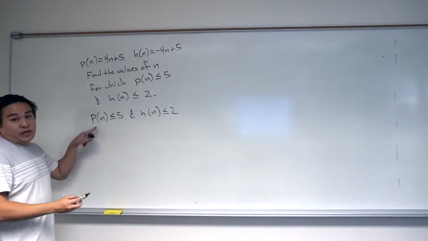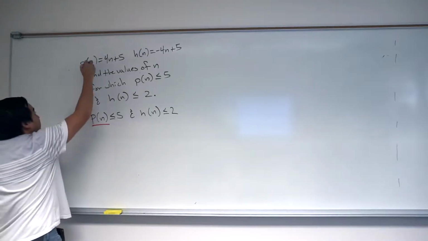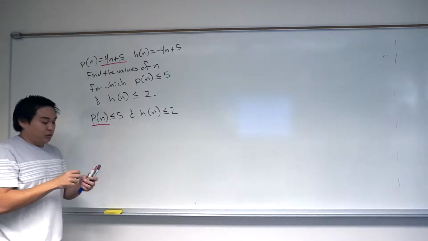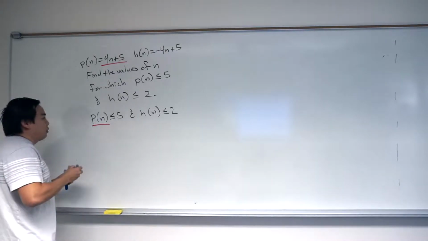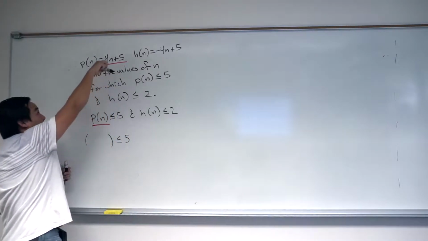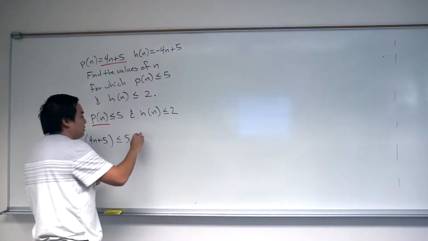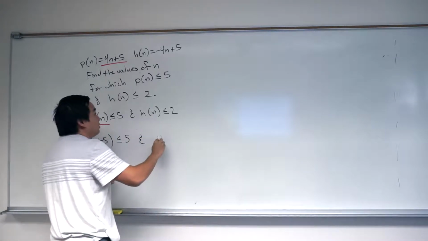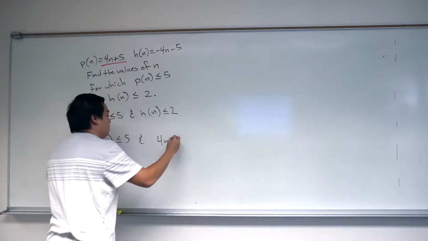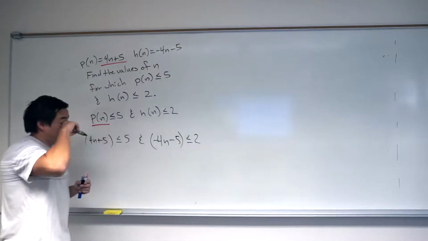But what is P of n? P of n is given by that. Whenever we're doing a substitution, we put parentheses around what we're substituting for, which is P of n, and plug in what we want. Similarly, with H of n, it should be negative 4n minus 5, is less than or equal to 2.